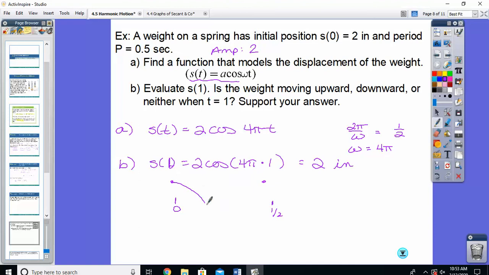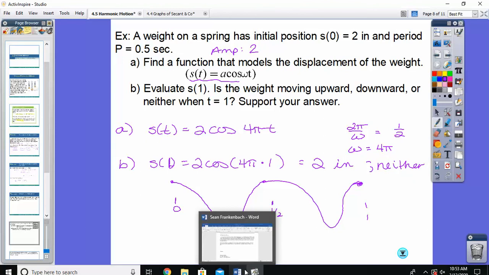So we know the cosine graph looks something like this. We wanted to go all the way to 1 second, so at 1 second we're back up here. If I drew a better graph, you could probably see that better, but right here, we're just at the top. It's just got done increasing and getting ready to decrease, so it's not really moving up or down right now.